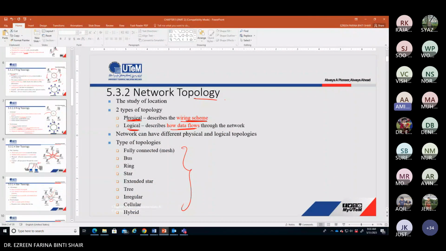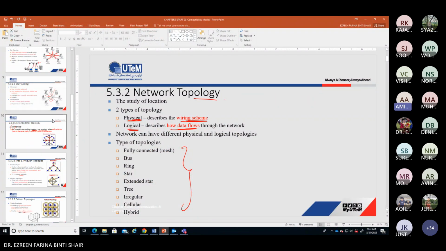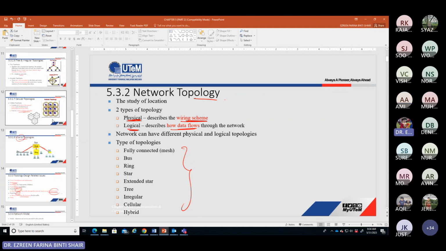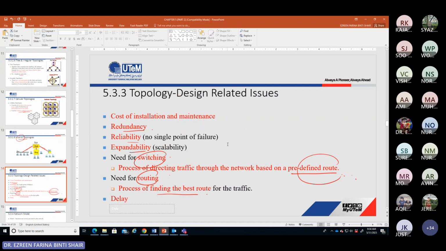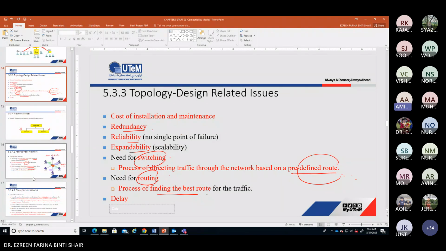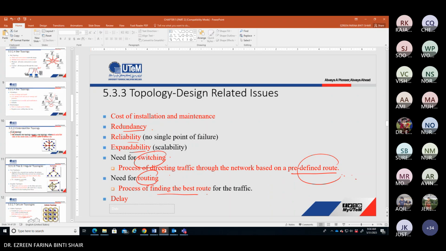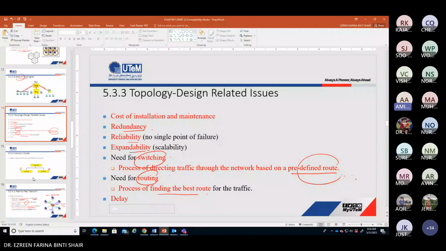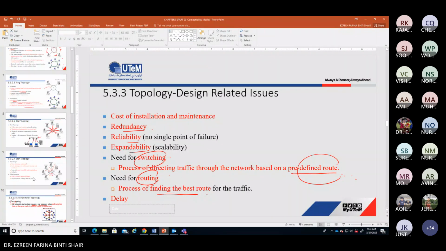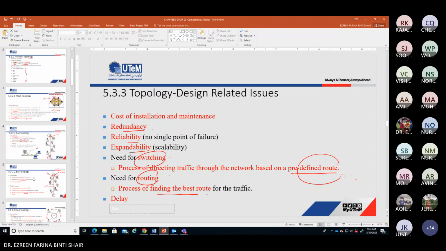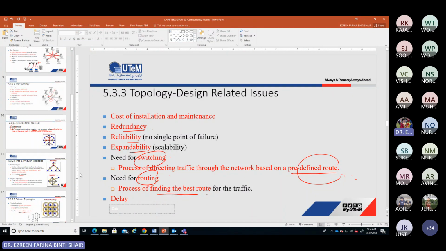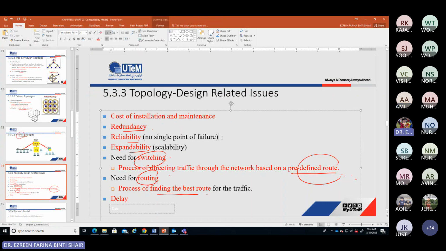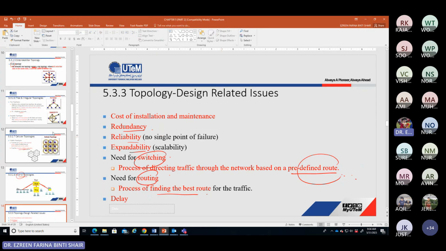Apa maksud dia pasal no single point failure? Dekat reliability. Okay, so single point of failure ni maksudnya, contoh ni lah.